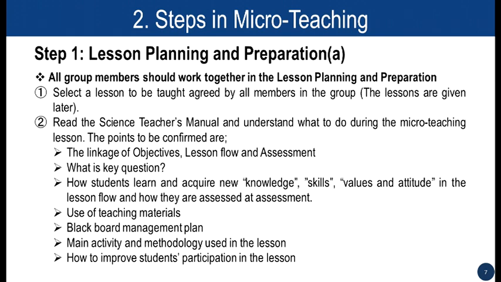Point 4, use of teaching materials. Point 5, blackboard management plan. Point 6, main activity and methodology used in the lesson. And point 7, how to improve students' participation in the lesson.